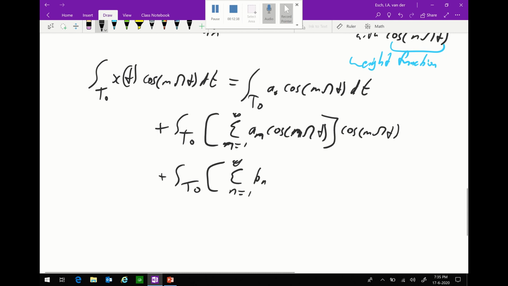bn times sine n omega t times cosine m omega t. So here you can see that we take the infinite sum of all these separate coefficients.